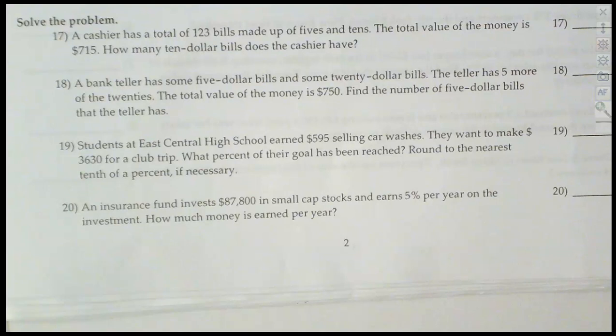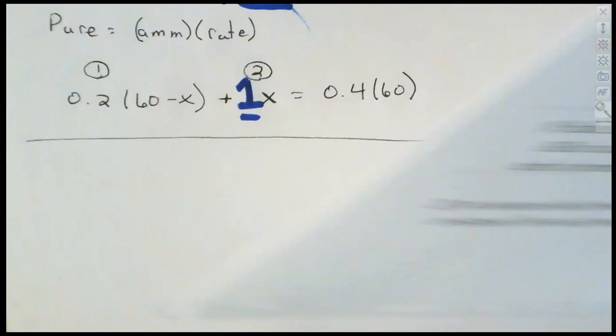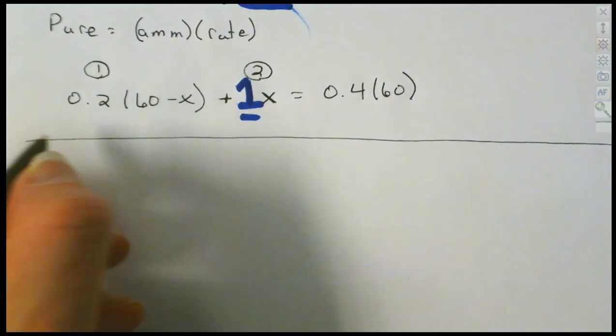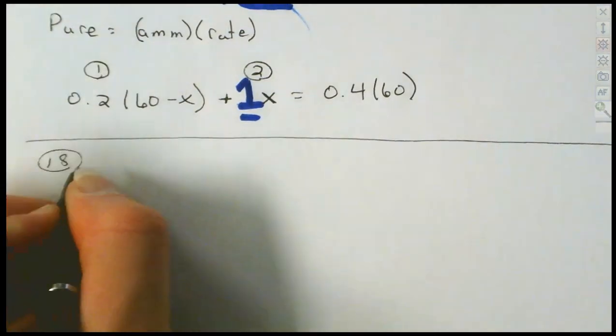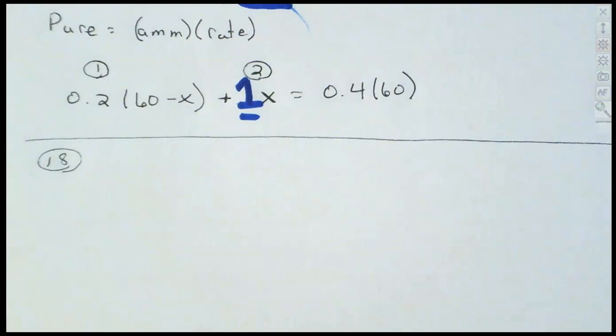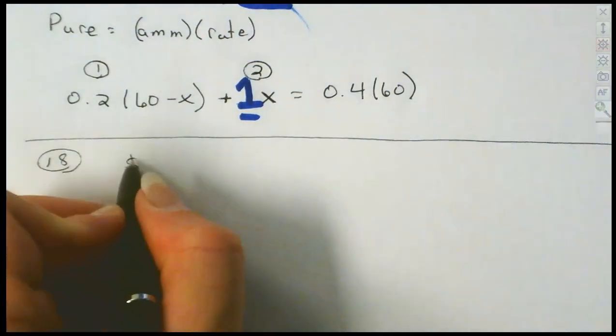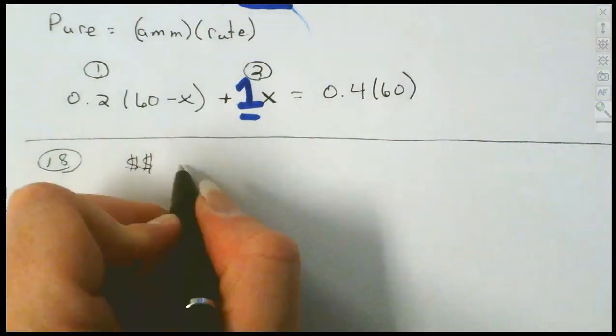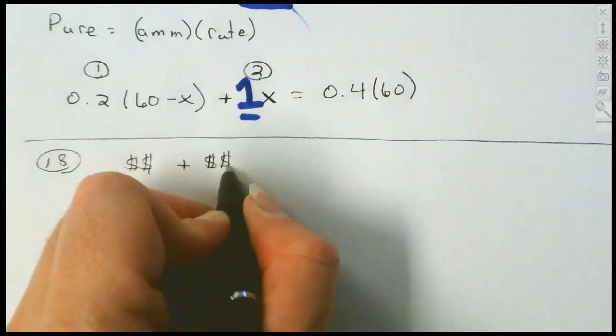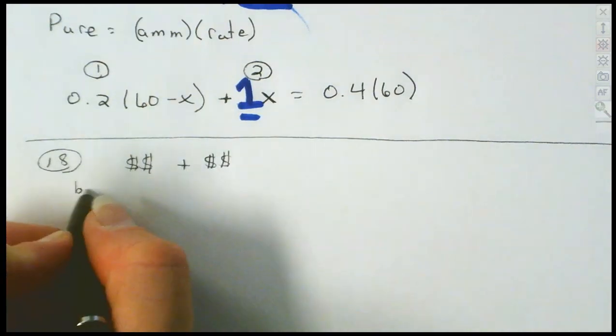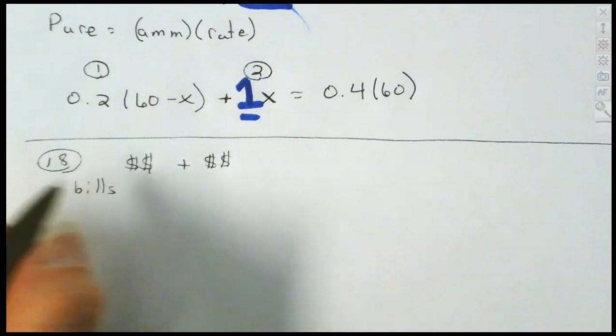Find the number of $5 bills that the teller has. So again, we've got the number of bills, just like the coins, and then we've got the denomination. The number of bills and the denomination.